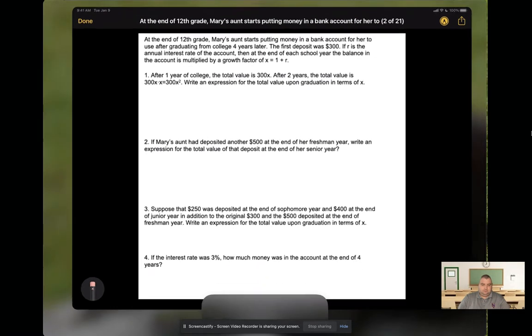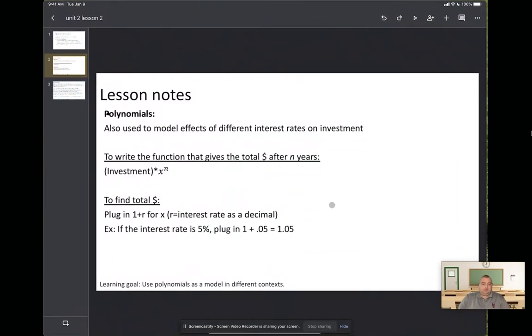If we go back to our notes, to write the function that gives the total money after a certain number of years, it's going to be the initial investment times x to the power of how many years it's collecting interest for. Graduation is going to be how many years after 12th grade? It's going to be 4 years later, because she has her freshman year, sophomore year, junior year, and senior year.